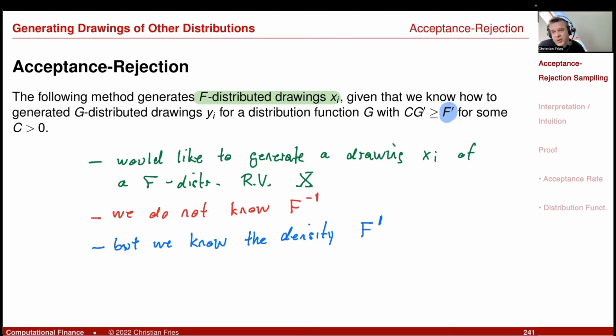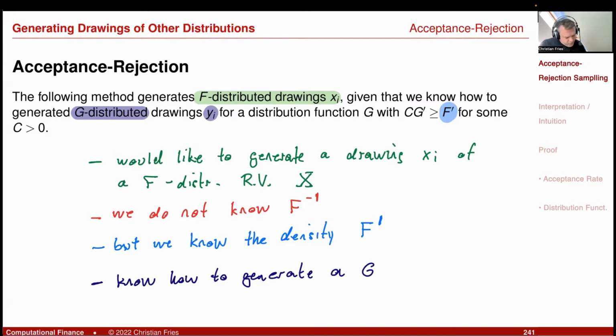And there's one other condition. We know how to generate another sequence, a G distributed sequence. This is the sequence yi. So this is a G distributed sequence, where the density of G fulfills a certain condition.